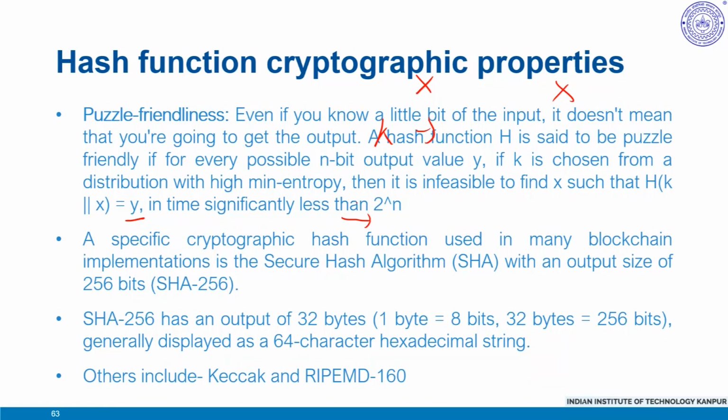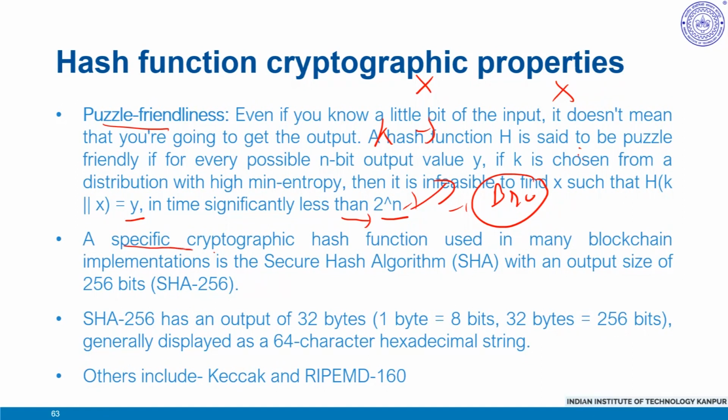It's almost infeasible and extremely time consuming, like 2 to the power n. If I use a brute force method by trying each possible value, it's very time consuming. So instead, it is more convenient to treat that hash function as a puzzle and solve that puzzle. So this is called puzzle friendliness.